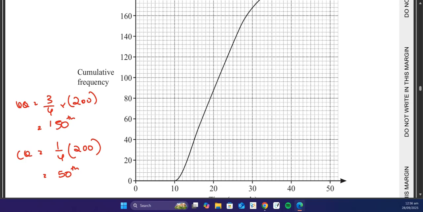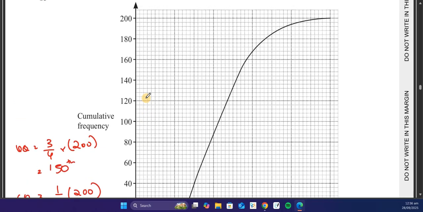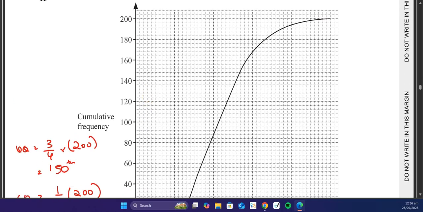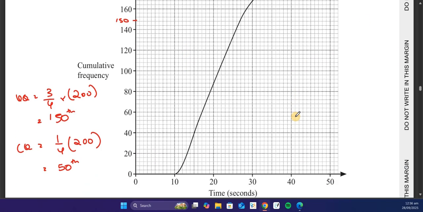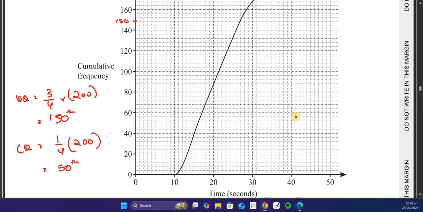150th and 50th. Now we're going to figure out where the 50th and the 150th values lie. So the 150th value would lie somewhere over here, and the 50th value would lie somewhere over here.